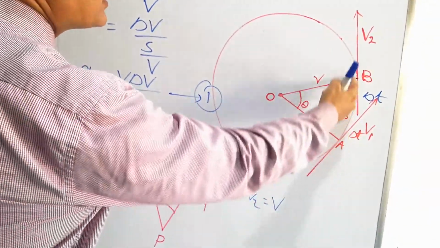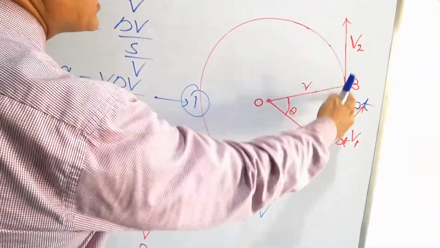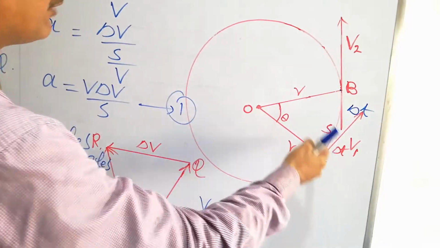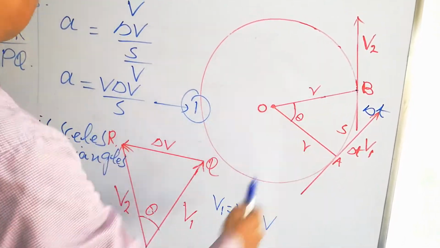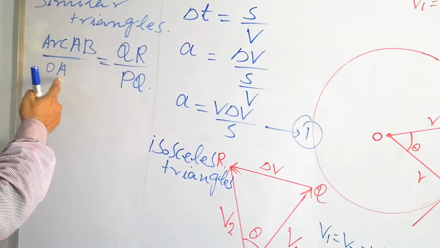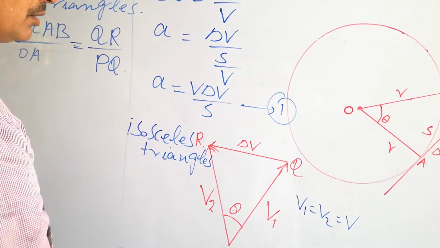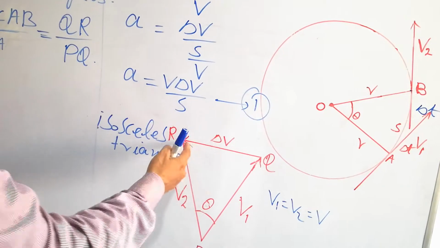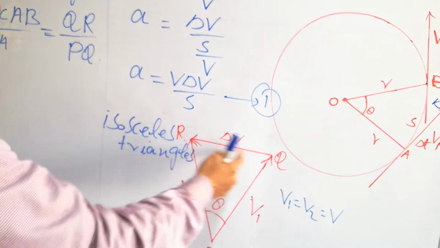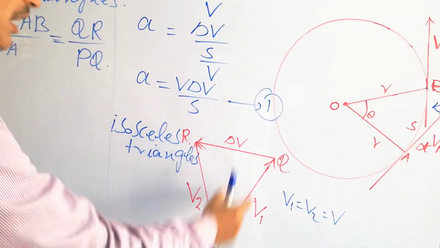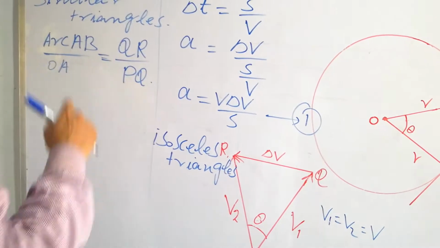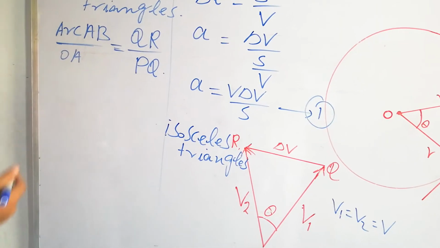So we'll take the side facing theta, that is RKB, divided by one of these, OA or OB. So that is RKB divided by OA, and we'll do the same thing in that particular triangle. The side facing theta, that is QR divided by PQ. So you can say arc AB.